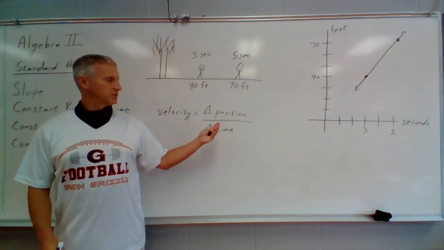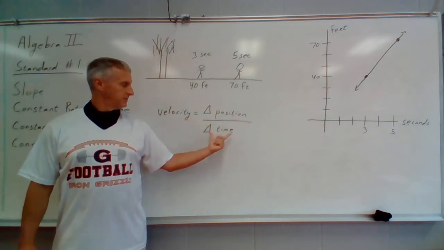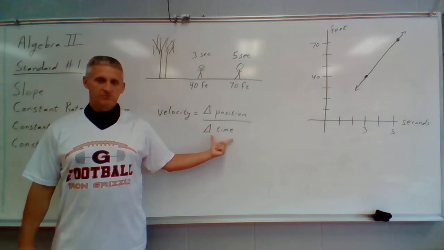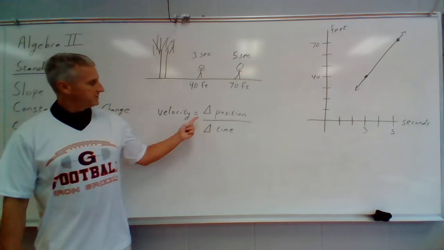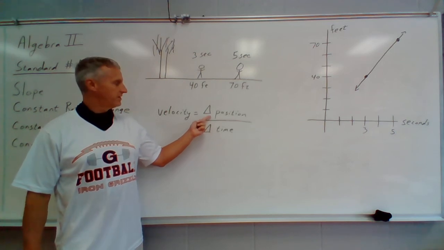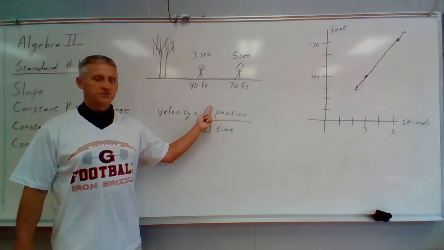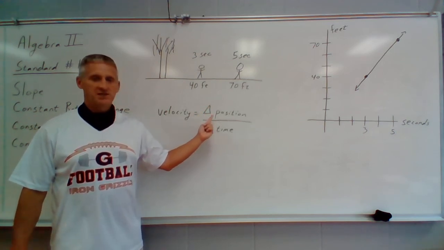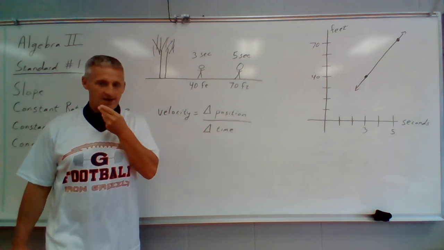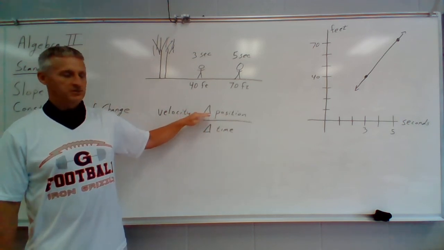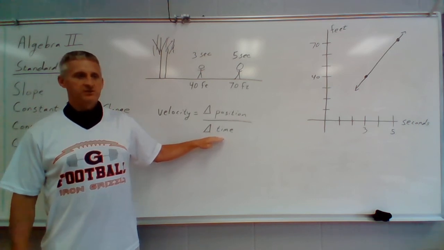Okay, so velocity measures how far you went divided by how long it took you to go that distance. Okay, this little triangle is a delta. It's a Greek delta, and we usually use it to mean change in. So this says change in position over change in time. How fast you go divided by how long it took you to go that far.